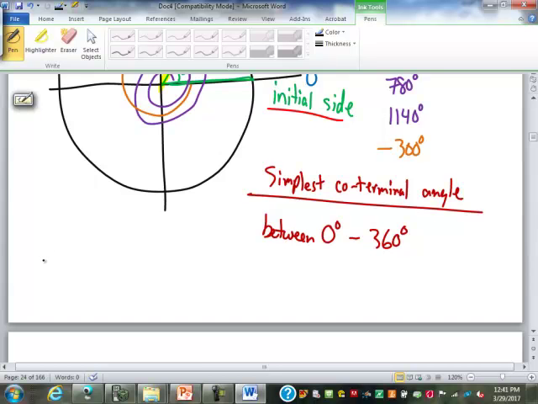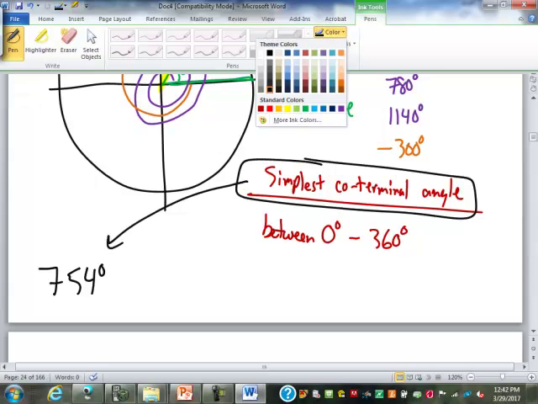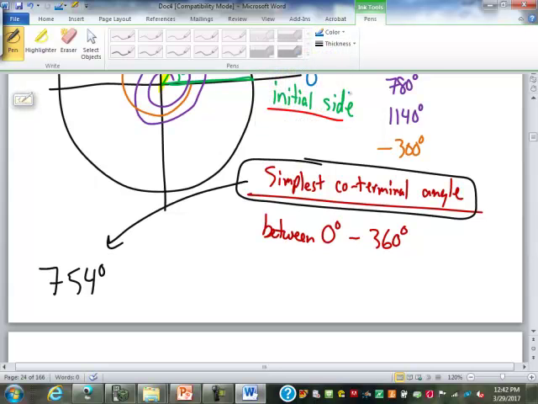So if I give you 754 degrees, and I ask you to find the simplest coterminal angle, what I'm asking you to do is to unwrap that from around the unit circle to figure out where it ends up.